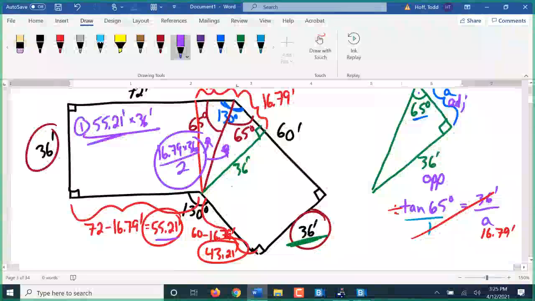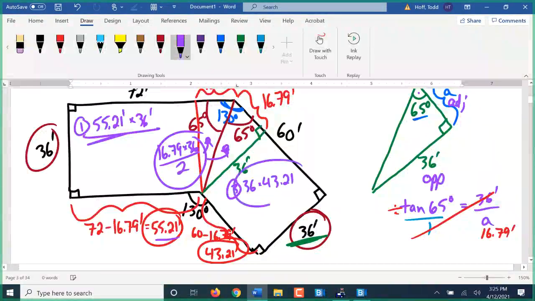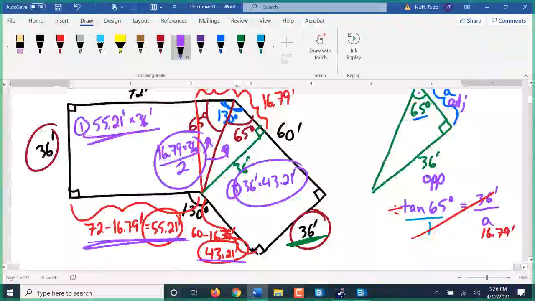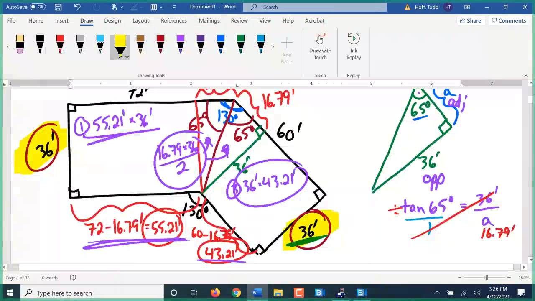And we have this third piece over here, 36 by 43.21. That area is really easy to find. Finding these front dimensions up here is not that terrible to find either. But remember, I stressed those spans being the same is what made that easier.